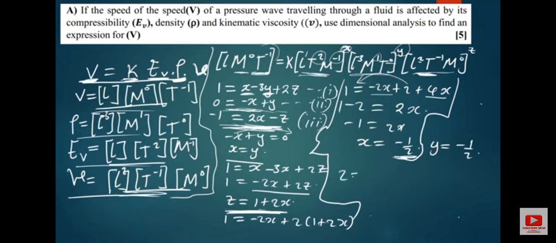We know that z is equal to 1 plus 2x. So while there is x there, I'm going to replace it with the value of x, which is -1/2. So the value of z is simply going to be 1. This and that will cancel, meaning we just remain with -1. So this is going to be 1 minus 1, which is 0. So the value of z is equal to 0.